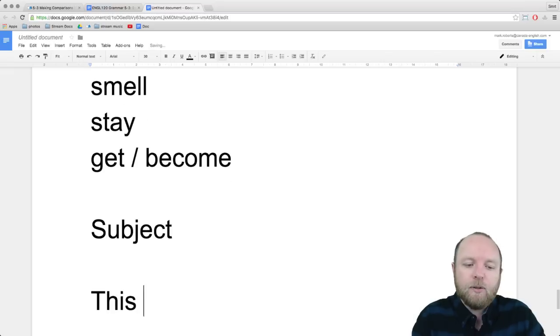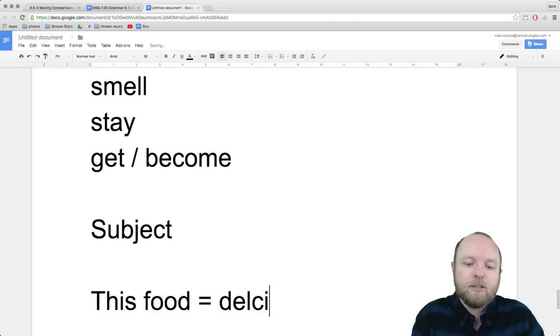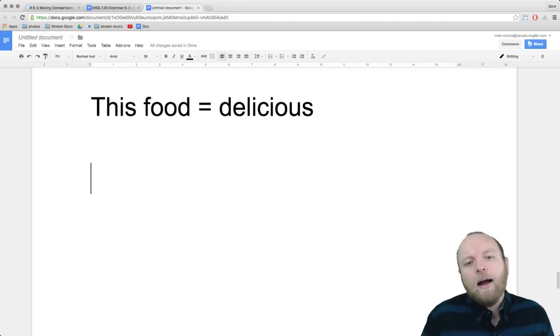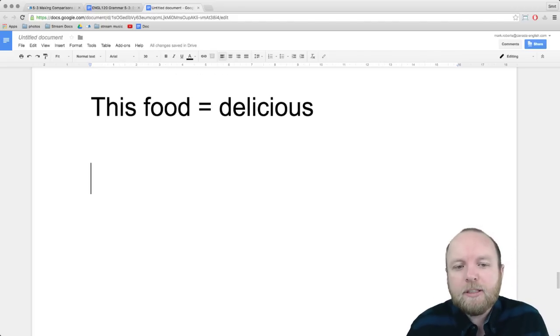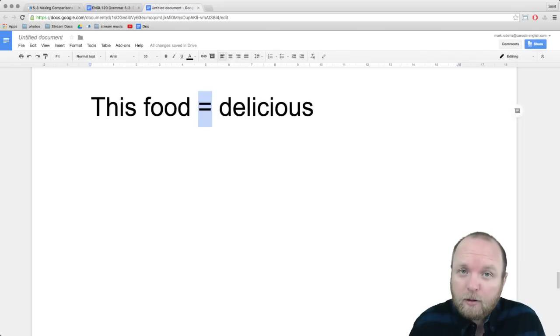For example, this food, and I want to say this food delicious. Right? If I use a linking verb, I can use an adjective. If I don't use a linking verb here, I need an adverb.